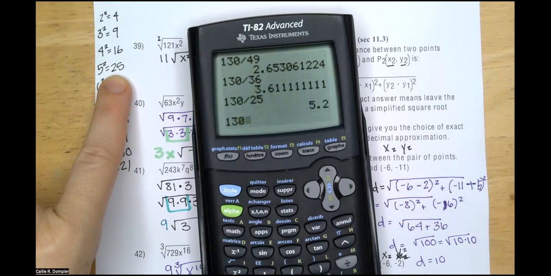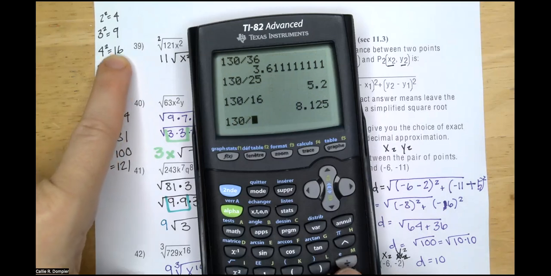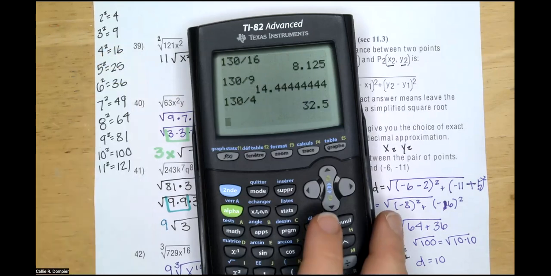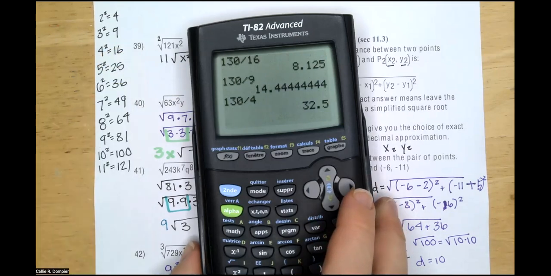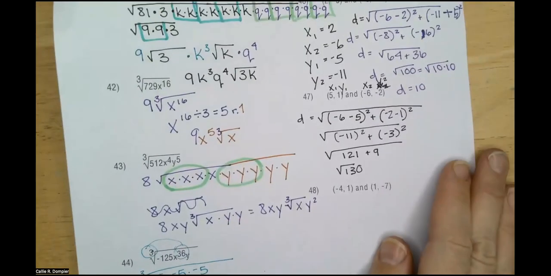No. 130 divided by 16. No. 130 divided by 9. 130 divided by 4. No, we cannot simplify it. Okay. That's the simplest form.